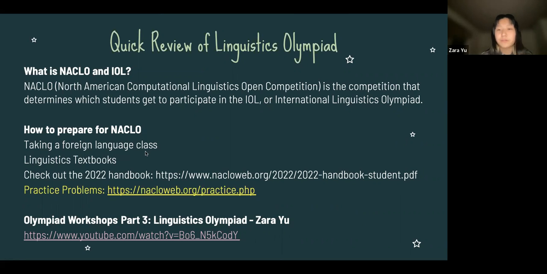On the NACLO official website, they have a reading list, so you can check those out, see which books you would be interested in, buy them, and then read through them. The third thing to prepare for NACLO is to read through the 2022 handbook. Every year before the competition, NACLO comes out with a handbook with some general information about the test, for example, how many problems there are and what style of problems. You should definitely read through this before taking the test so you know what to expect.